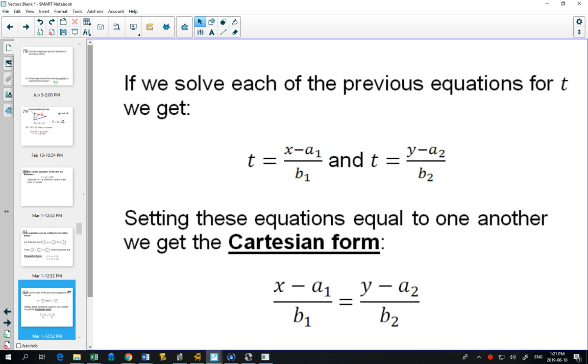And if you do that in both equations, since t is the same number, you could then equate these fractions, and that's called the Cartesian form. Rearranging the Cartesian form in 2 dimensions will always end up giving you y equals mx plus b for the same line. So we'll see that example coming up.